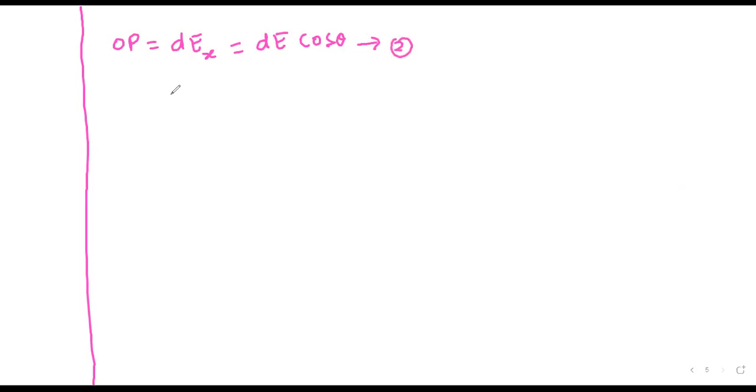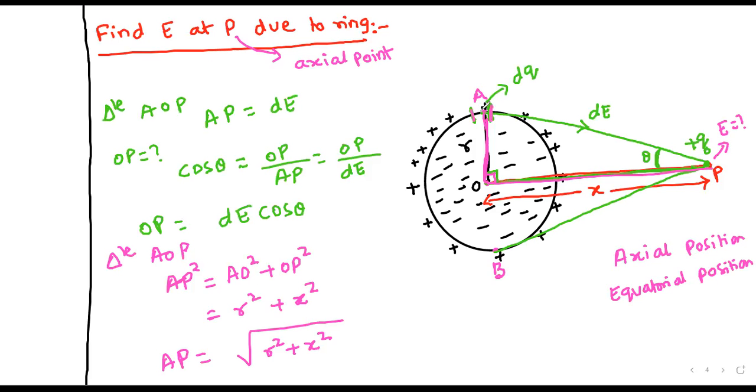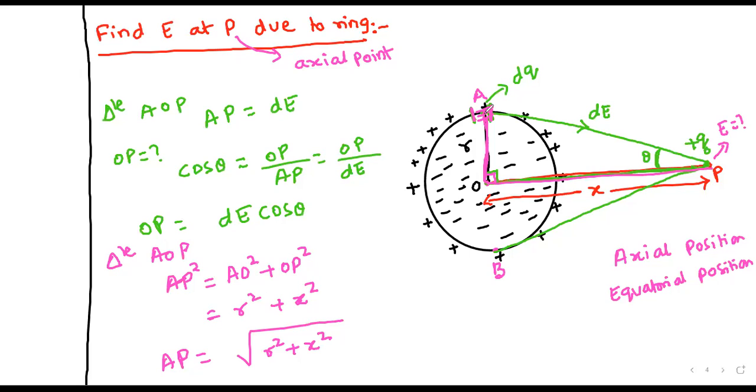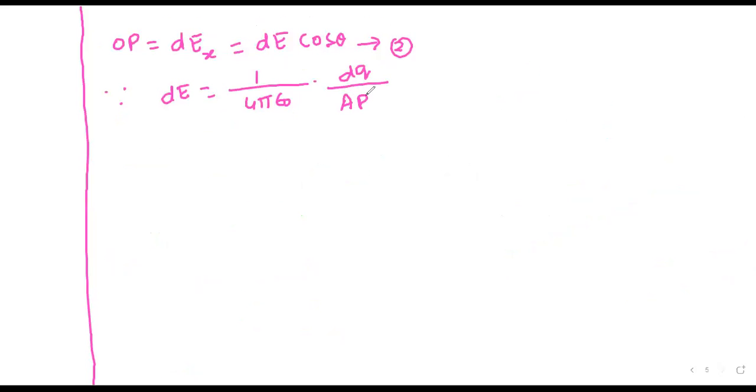We know that dE is the electric field due to the small infinitesimal element. In this element we have a point charge dq. The electric field due to a point charge is 1 by 4 pi epsilon naught dq by the distance from the element to point P, that is AP, so AP square. Is it fine?